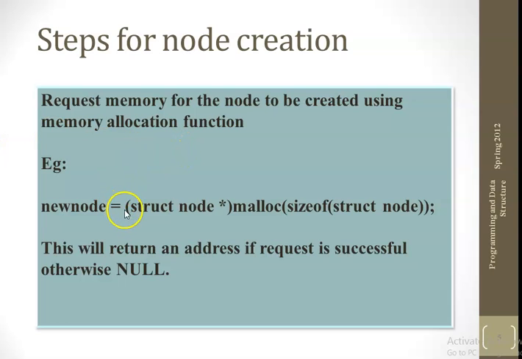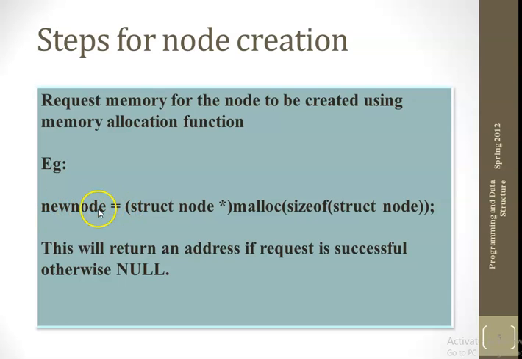So after defining the structure, we have to request memory for storing that structure variable. This is the second step. First we have to define the structure, then we have to request memory using this line of text. The only difference will be the name of the node pointer, which can vary with different situations.